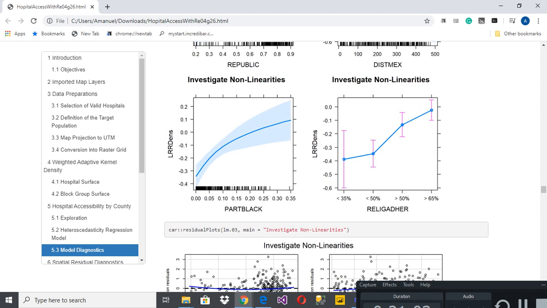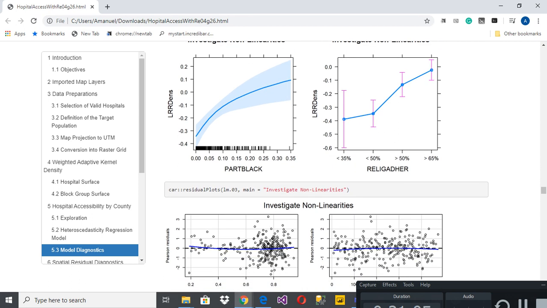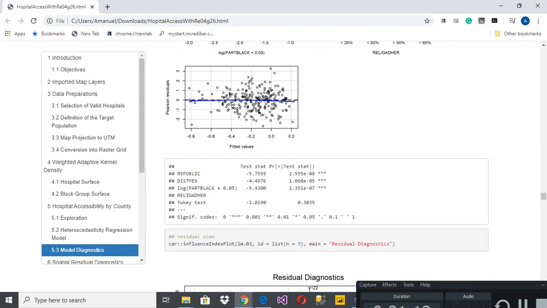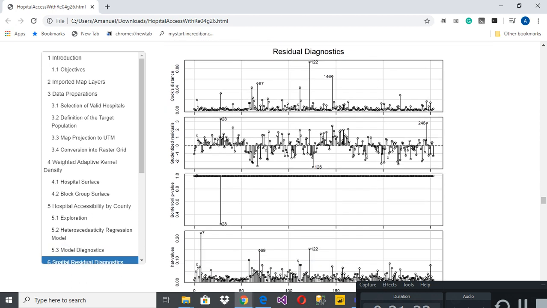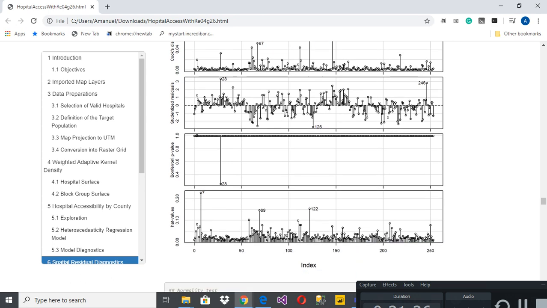And this is the religious group affiliation. So the more the group is involved in religion, the more the access increases. Here, the residual diagnostics shows that there are no significant outliers, except these few outliers.